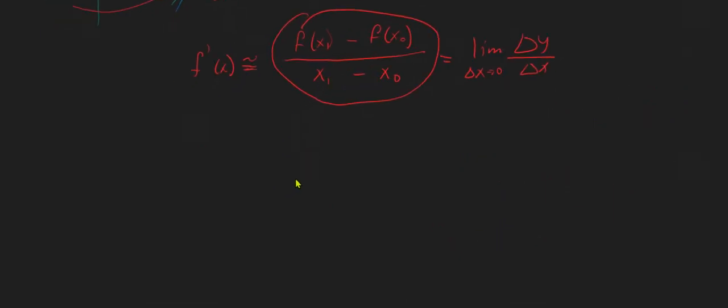In general, we can make this one f prime x. We can approximate it. Instead of f of x1 minus f of x0, we can make it f of x n minus 1 minus f of xn, all over x of n minus 1 minus xn.